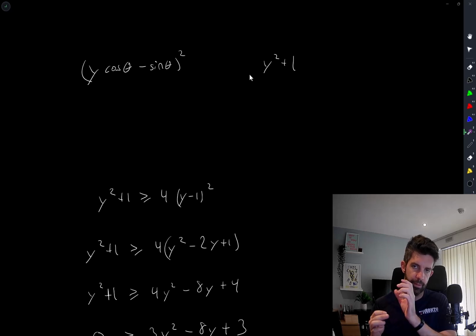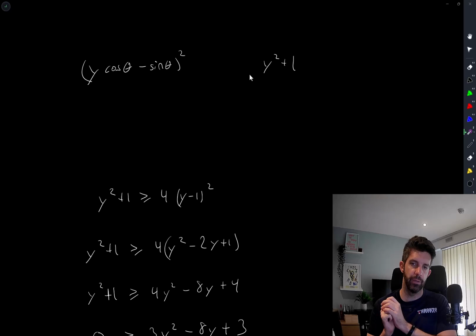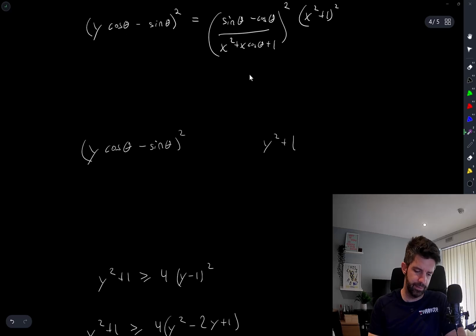Then just find the value of theta which actually gives that minimum or maximum value, and that'll be the corresponding value of theta, or tan theta at least, which gives you what you need. But I don't know why I'm not able to just see how to get from one to the next.